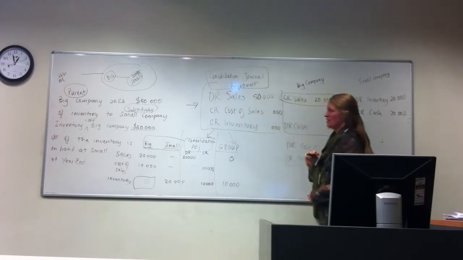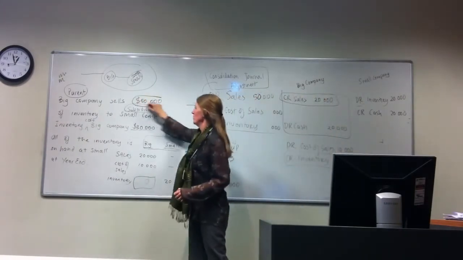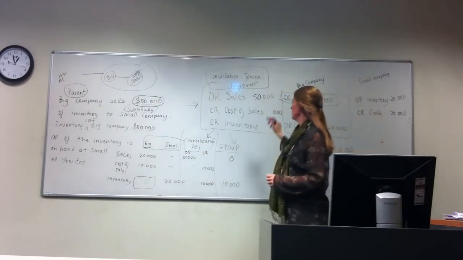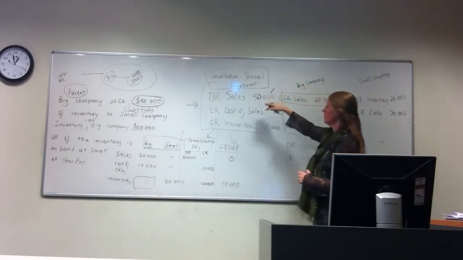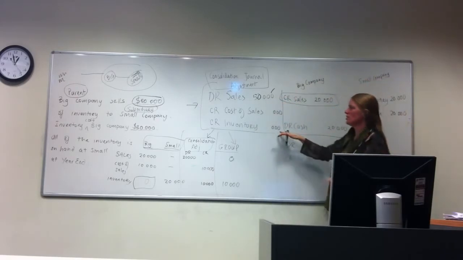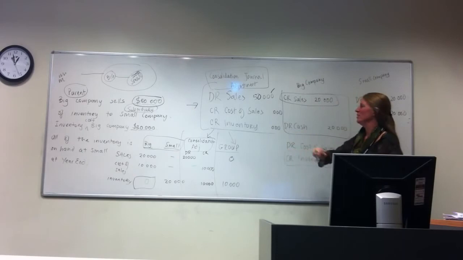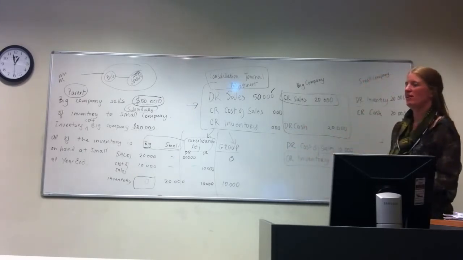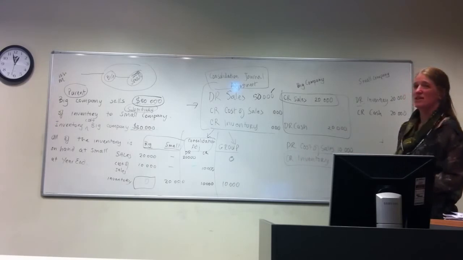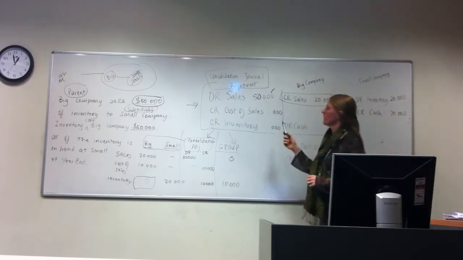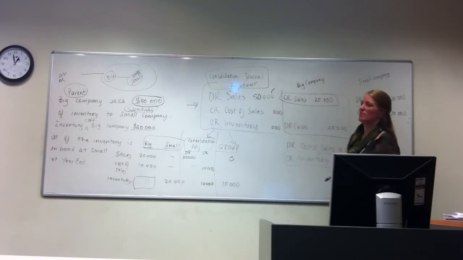We've got 50,000, so we sold $50,000 worth of inventory. We know obviously that that sale has taken place within the group, so we've got to take it out. The next thing that I always do is inventory. I look at inventory because that's a lot easier to work out than the cost of sales generally. In this exercise, cost of sales isn't difficult, but normally it is a little bit more complicated. So credit inventory is going to be?